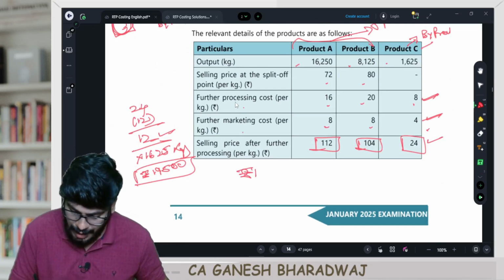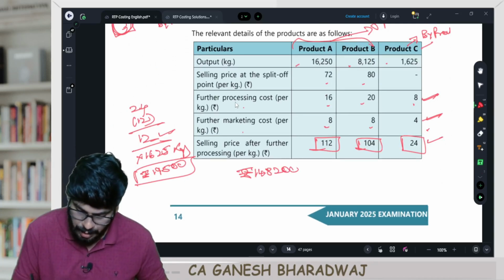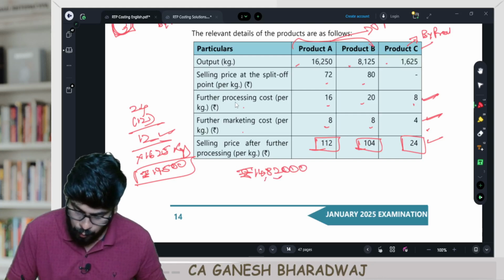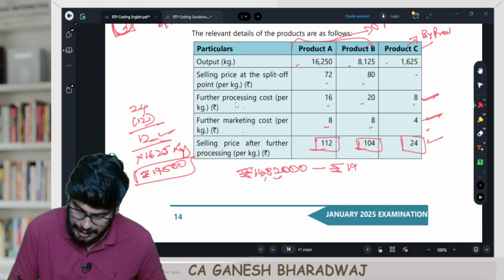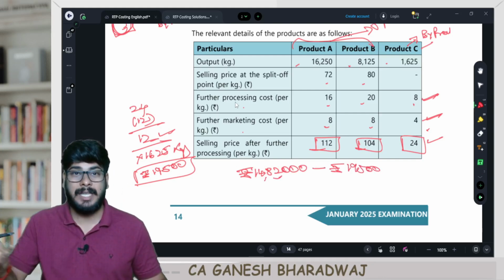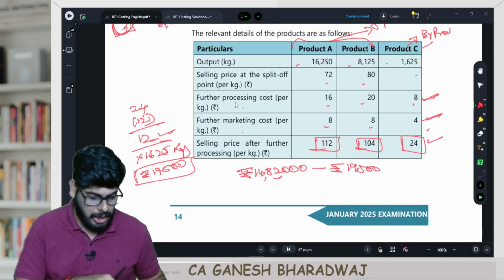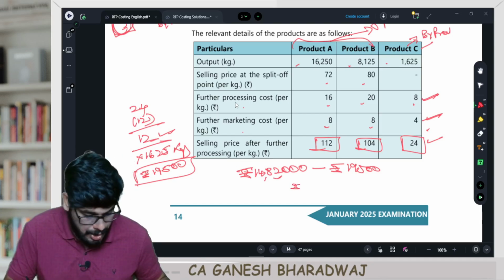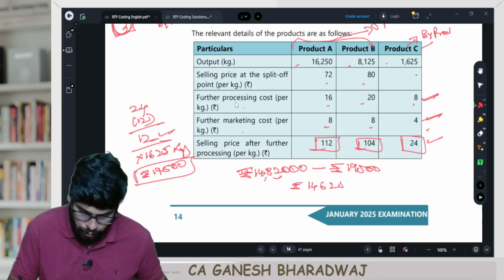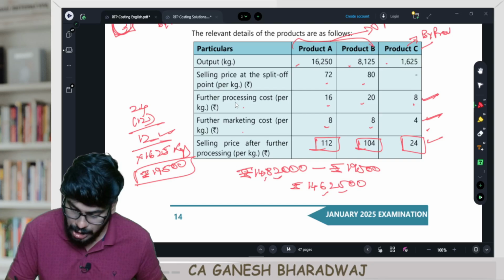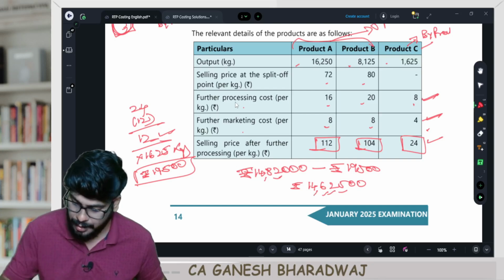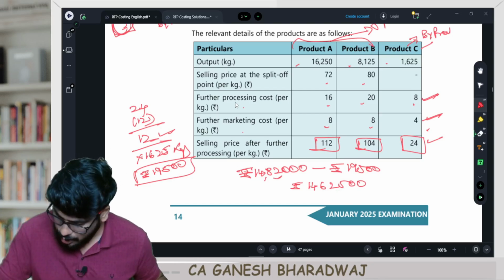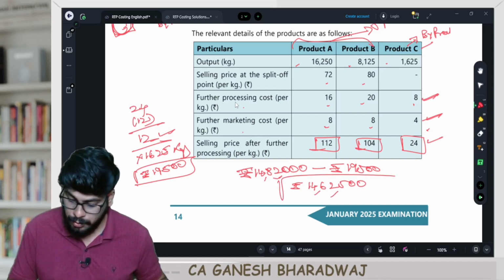From this, I need to subtract rupees 19,500, which is the NRV that we get from product C. So the net amount is going to be 14,62,500 rupees. Are you clear with this? Yes, 14,62,500 rupees.